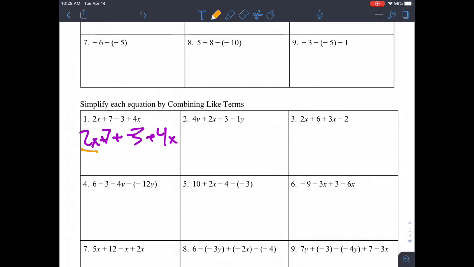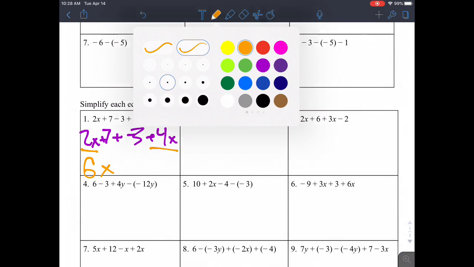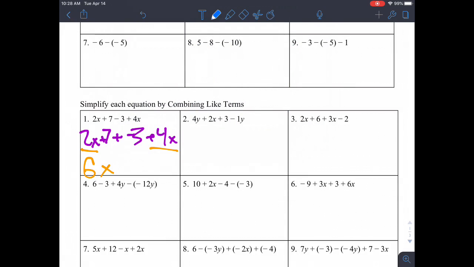So if I have 2x plus 4x, that's going to be 6x, and then when I do my constants, my numbers without a variable, 7 plus negative 3, different signs, go different directions, I subtract them. 7 minus 3 is 4, 7 is further from 0, and it's positive, so it's 6x plus 4. Looks great. So it feels like extra steps, but when we get into problems that are more complex, it's going to help us get the right answer.